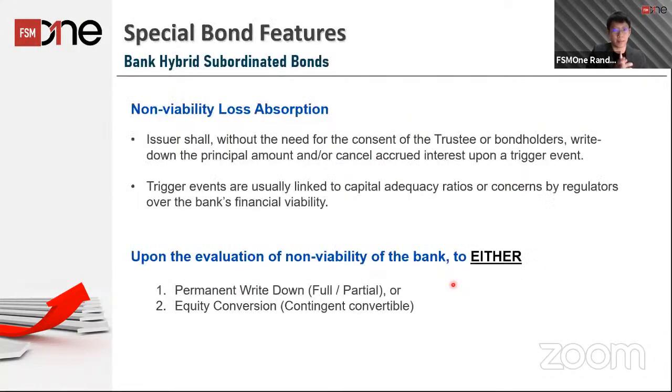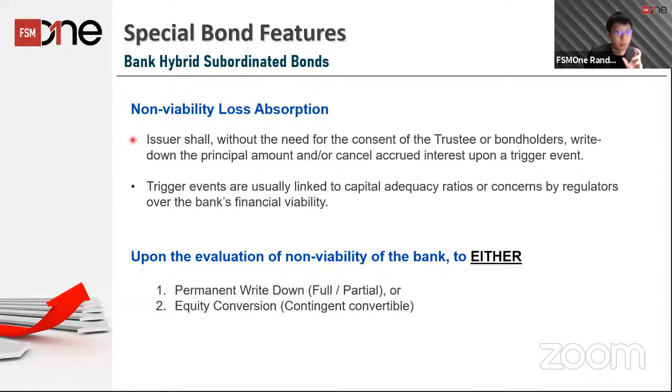Let us look at the unique features that can be found in bank subordinated bonds. They call it the non-viability loss absorption. This is a mechanism that triggers when a bank becomes insolvent or is facing financial difficulties. Let us look at the definition, which you can find in the bond prospectus as well.